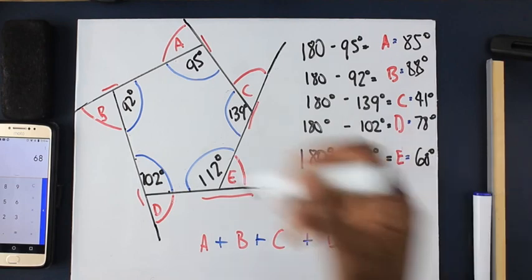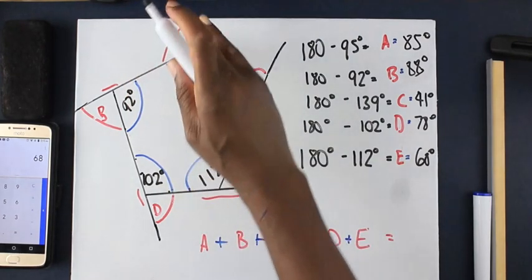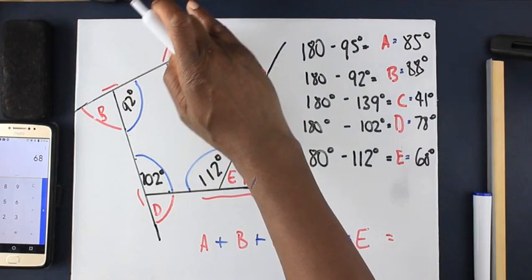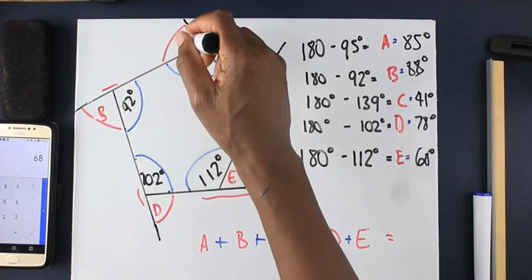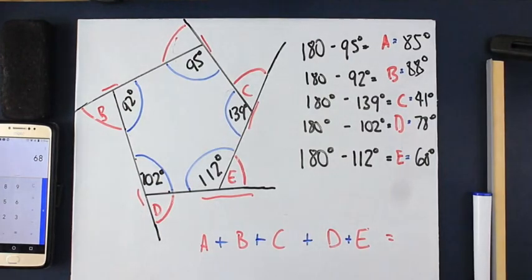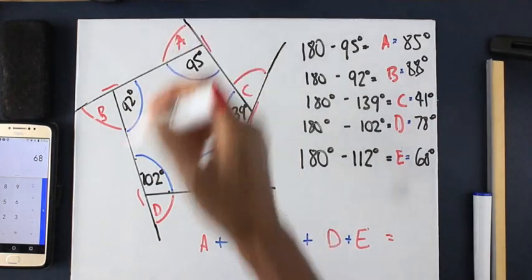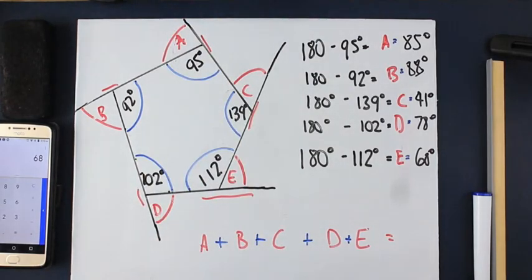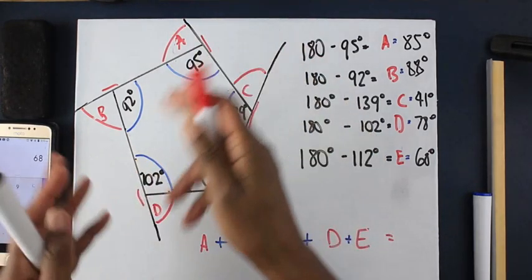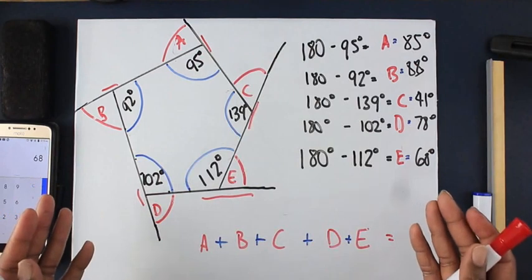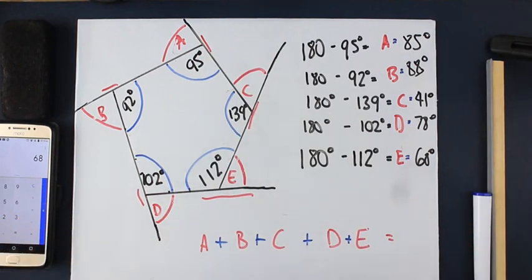So let's write our angles in. Actually, we don't need to write the angles. We've got them written down here. Now we've got all of the external angles. You see how easy it is to work out the external angles on a pentagon.